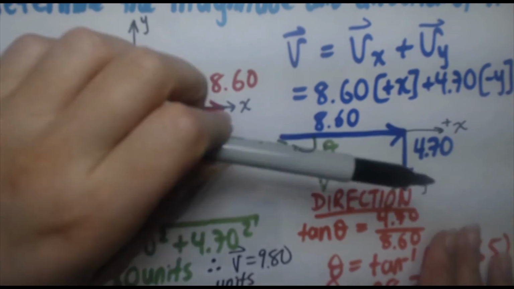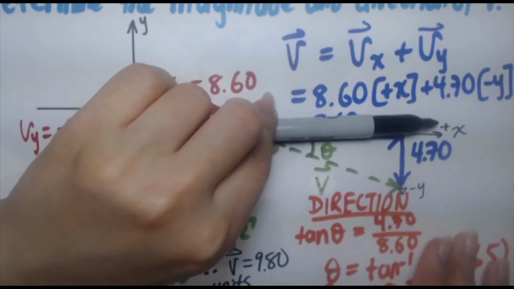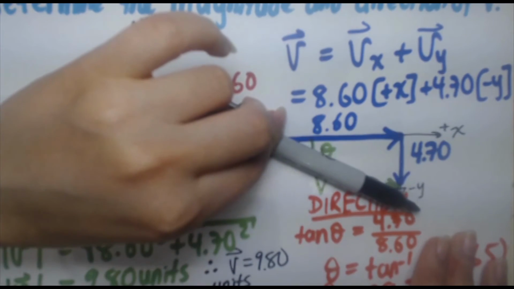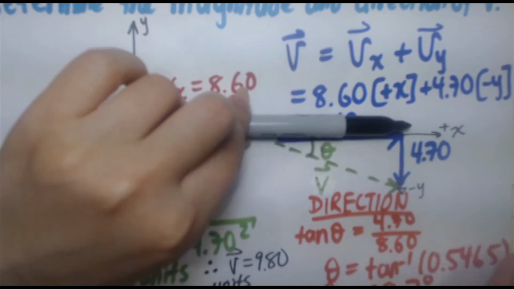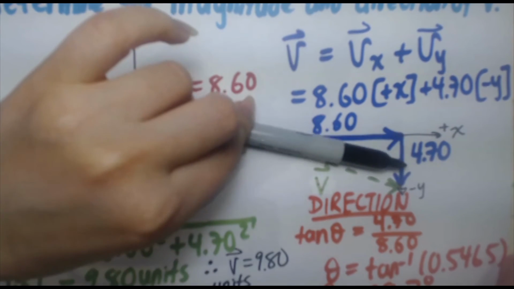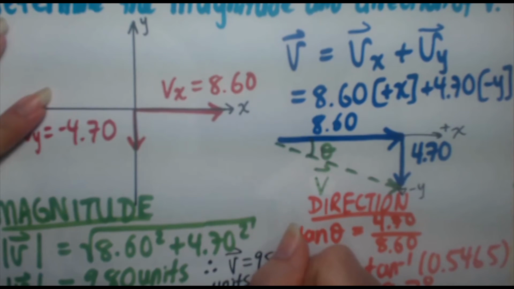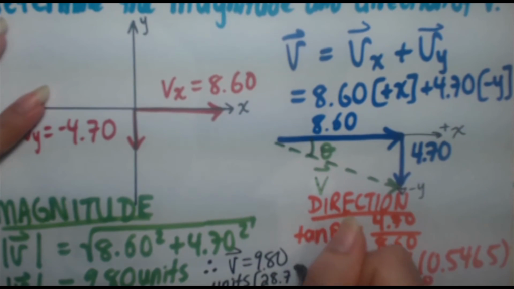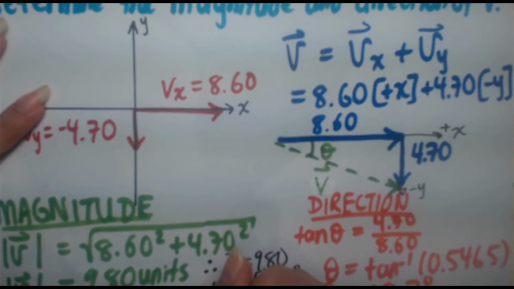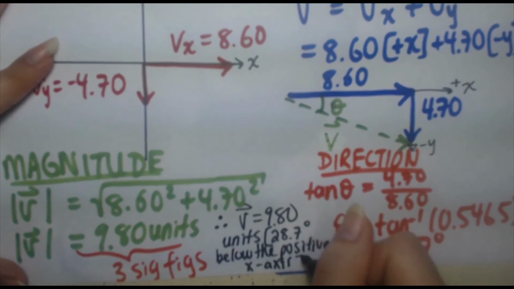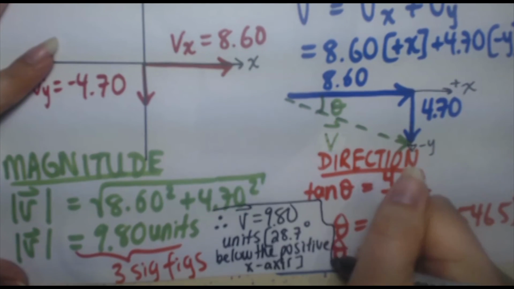So it's as if you started here and you're going down in this direction. So you're starting from the positive x-axis and you're going down below it by 28.7 degrees. Therefore, we're going to express our angle as such in square brackets. So 9.80, 28.7 degrees below the positive x-axis. Okay, so there it is. And that is your final answer.